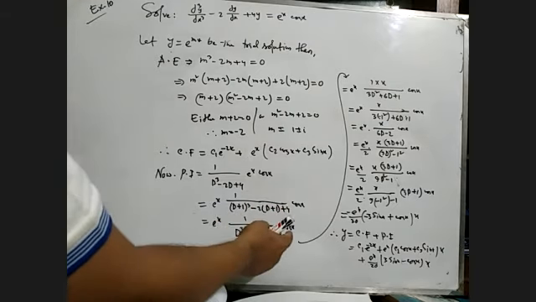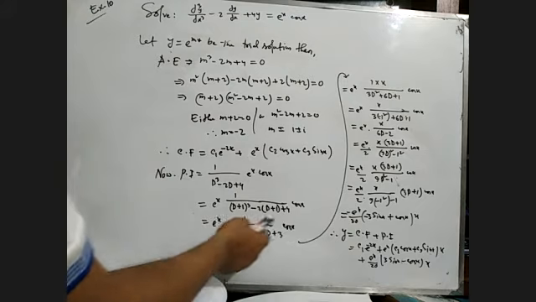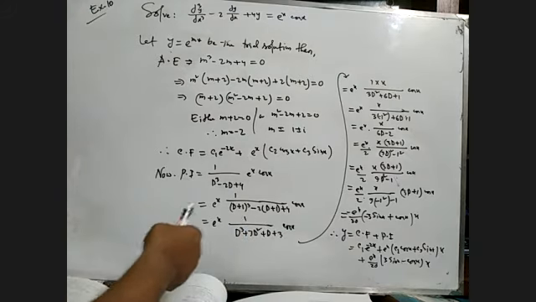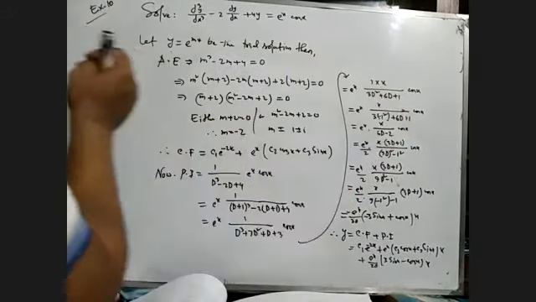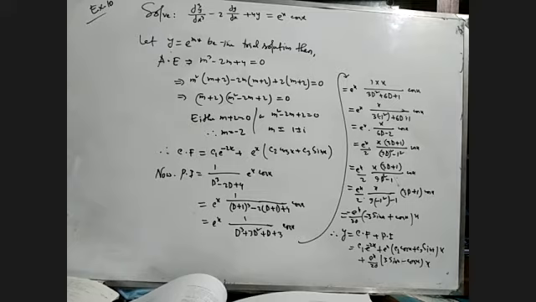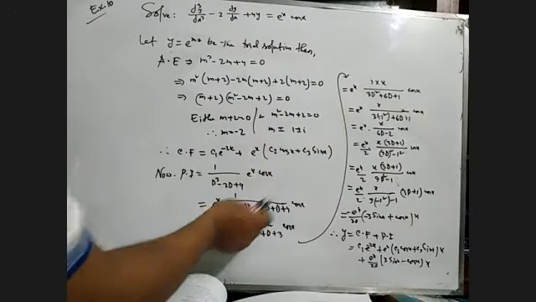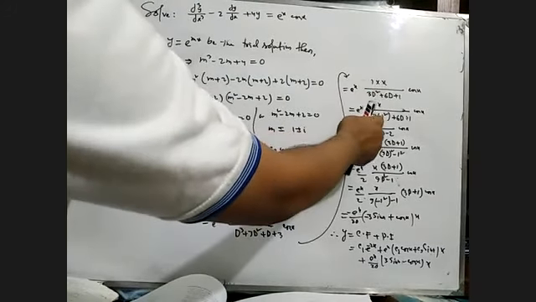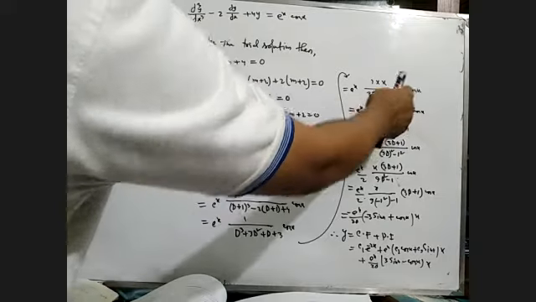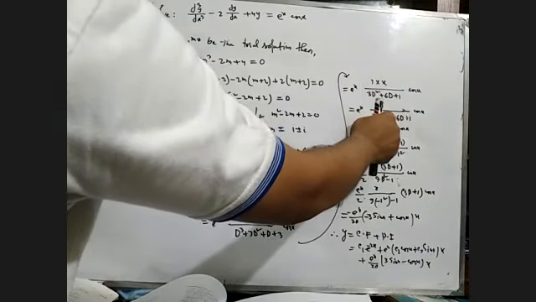Now, if we put D squared equals to minus 1 square, then it will become x squared. So we have to differentiate this and multiply x with the numerator. Okay, so now we can easily put D squared equals to minus 1 square.